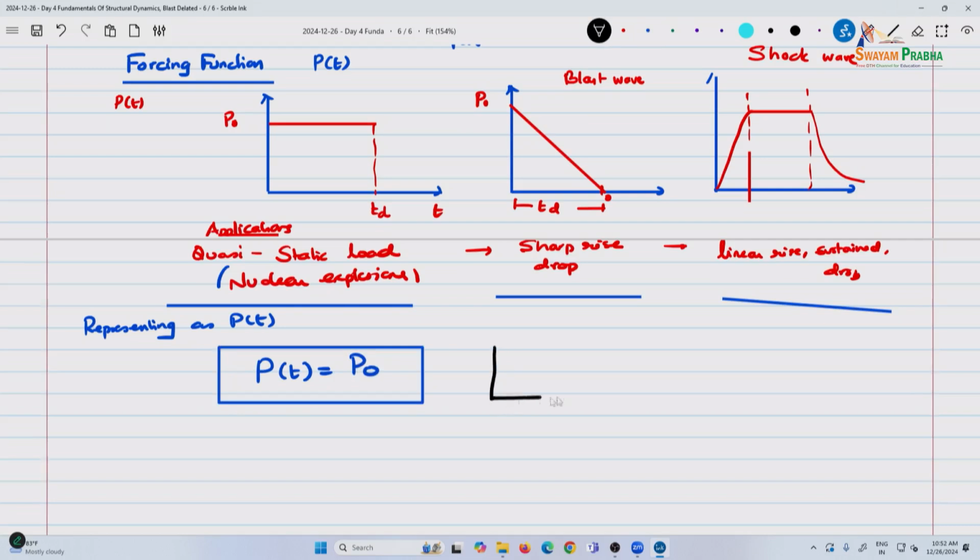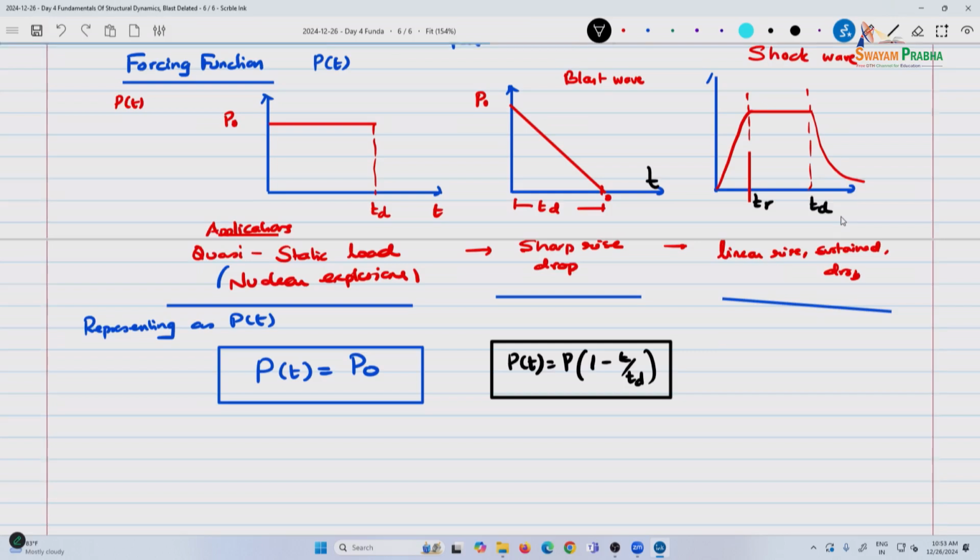You get P of t equal to P naught multiplied by 1 minus t divided by Td. Now here you have Tr, which is why we have calculated rise times, right. In many cases, yesterday we were asking, the rise time is 11 milliseconds, and in one case the rise time is 0.00 something, hardly anything. So you do have a rise time.